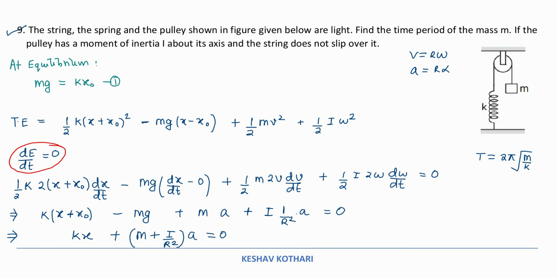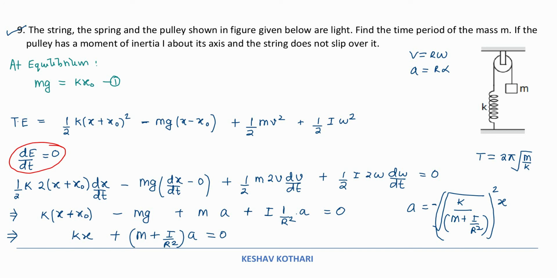From here we can easily write that a is equal to minus k upon m plus I by r square, into x. If I put it in this form, that is minus omega square x, we can say this is omega square x.